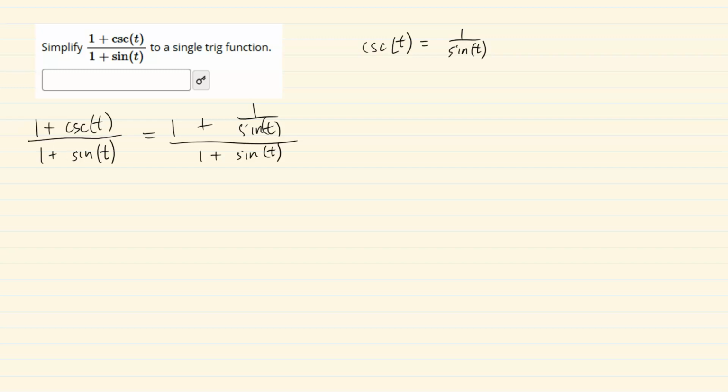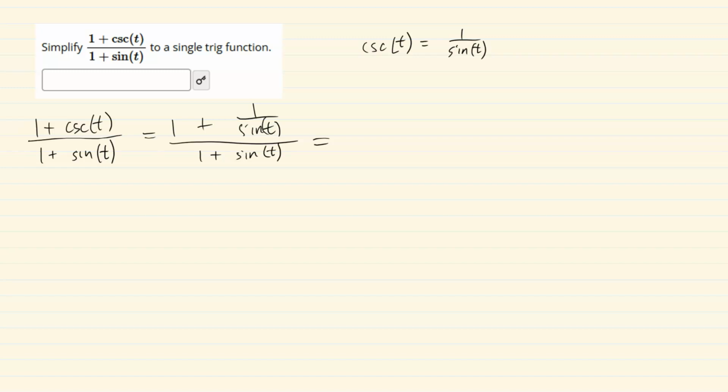And what's nice about this is that now we have everything involving sine. So that is a good thing to recognize, recognizing the relationship between cosecant and sine. So this may be promising.